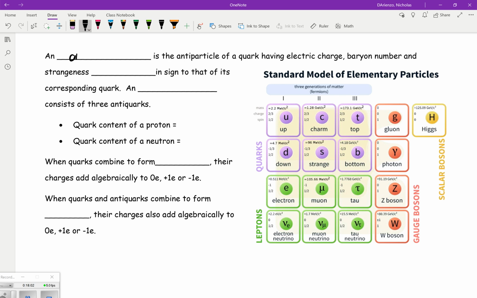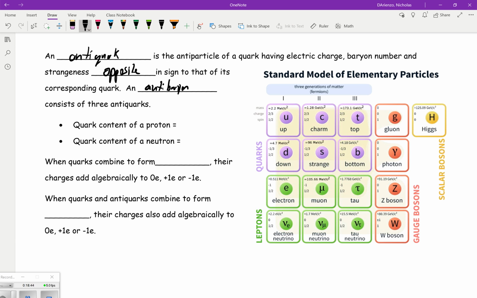Now, an antiquark is the antiparticle of the quark, having an electric charge, baryon number, and strangeness that is going to be opposite in sign to that of its corresponding quark, similar to what we know with all the antiparticles. Now, an antibaryon consists of 3 antiquarks.